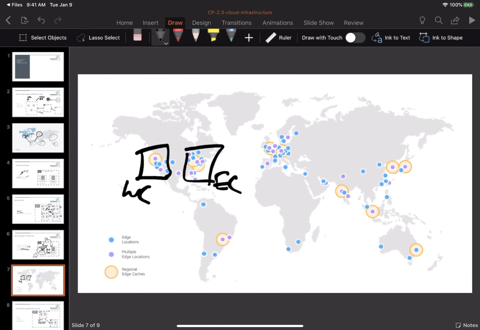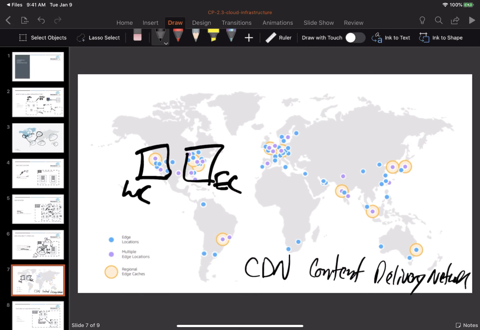And so what happens here is that Amazon uses a CDN, and we'll spell that out. It's a content delivery network. And that's a way of delivering data directly to the edge location where somebody may be reading the data. So let's say you're trying to watch a movie on Amazon Prime.